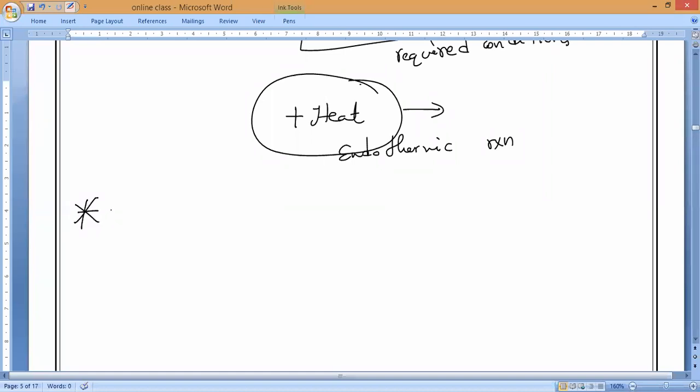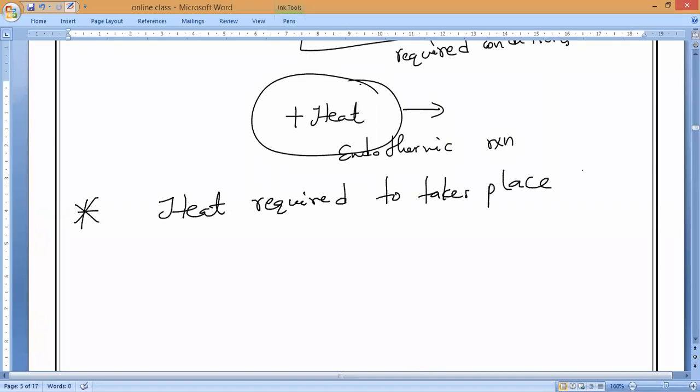Remember, if heat is required for the reaction to take place, then we represent heat with a delta symbol. What is the symbol called? Delta. Understand? So what does this delta indicate?